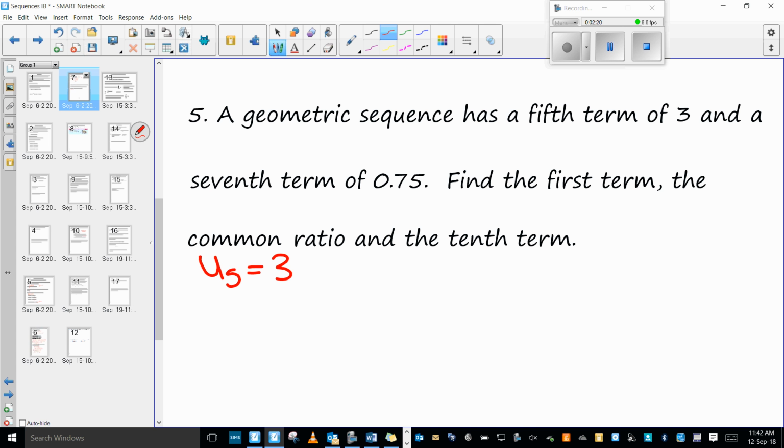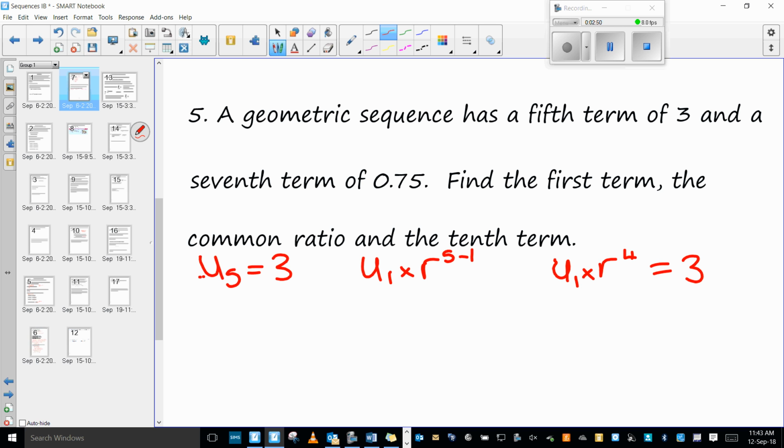An expression for U5 would be U1 multiplied by R to the 5 subtract 1, which simplifies to U1 multiplied by R to the power 4, and that has to be equal to 3.